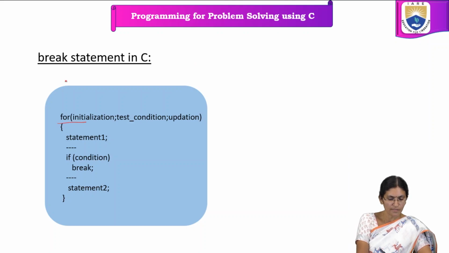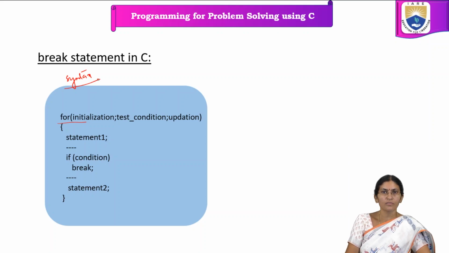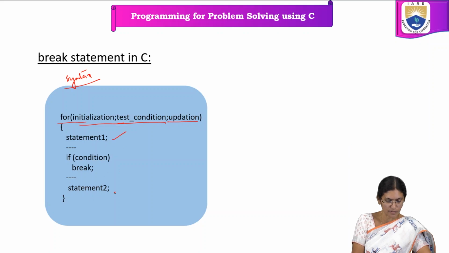First, the syntax for using the break statement with a for loop. After for, we need to specify the initialization, then the test condition to be evaluated, and then the updation. Inside the for loop we write the statements which are to be executed. In the absence of an if condition, the initialization is performed, then the test condition will be evaluated.